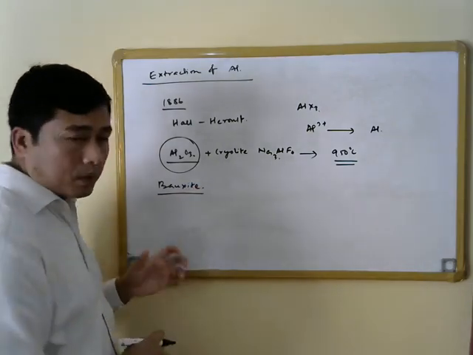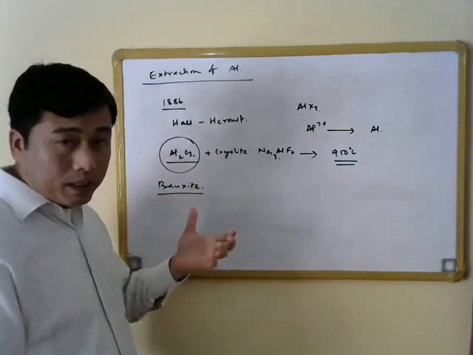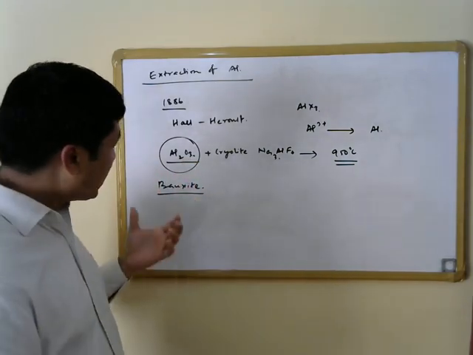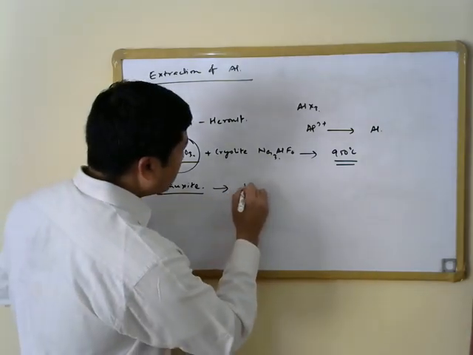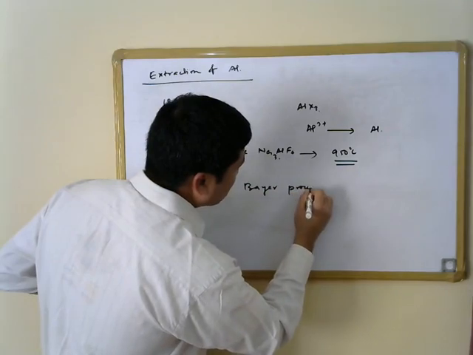the bauxite ore needs to be, or Al2O3 needs to be isolated from bauxite ore in a pure form, and this is achieved by a process that is known as the Bayer process.